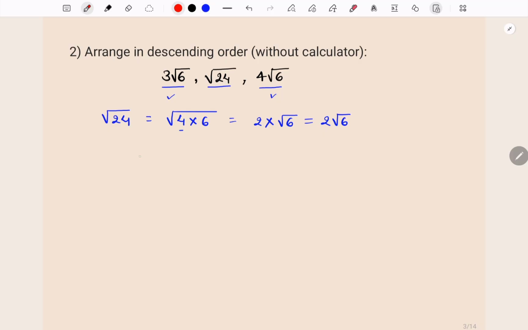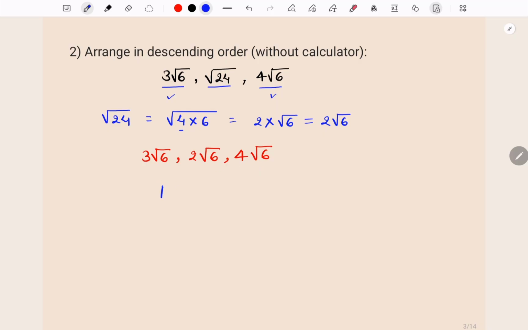So now we have 3 root 6, and root 24 is 2 root 6, and 4 root 6. So are we able to now arrange these numbers in descending order? Yes, we are. This 4 root 6 is clearly the largest number.